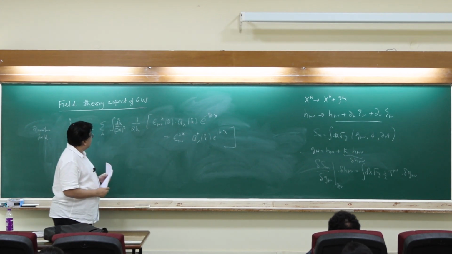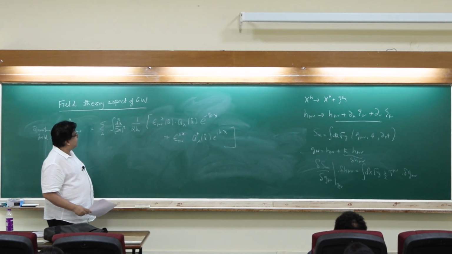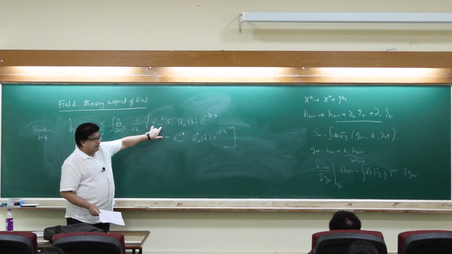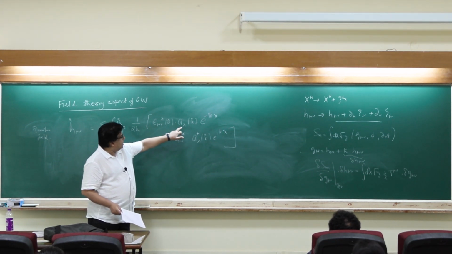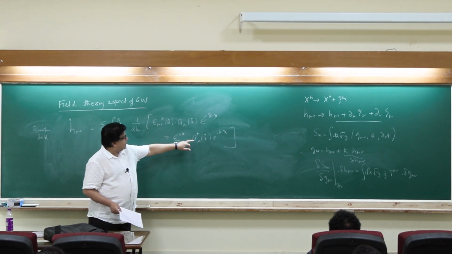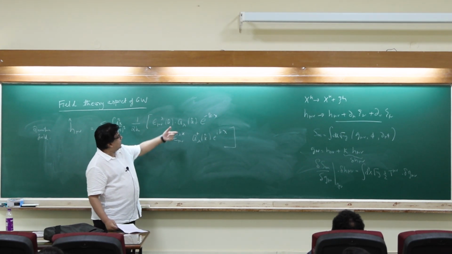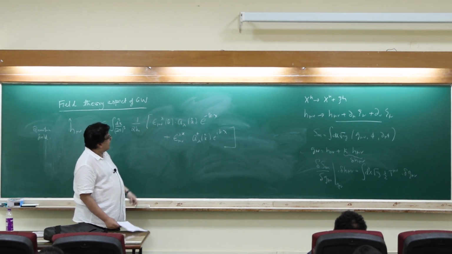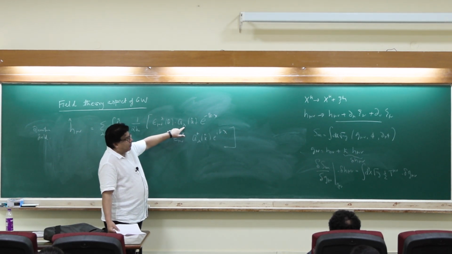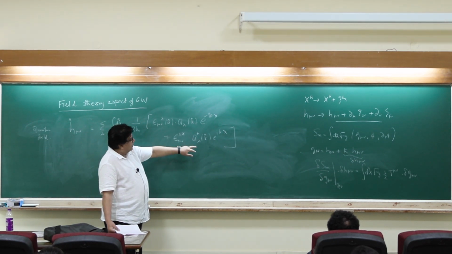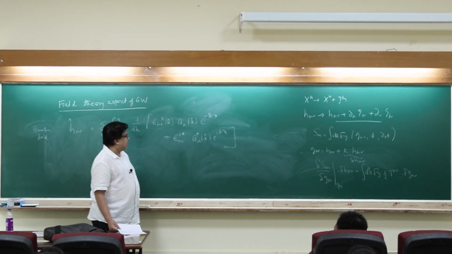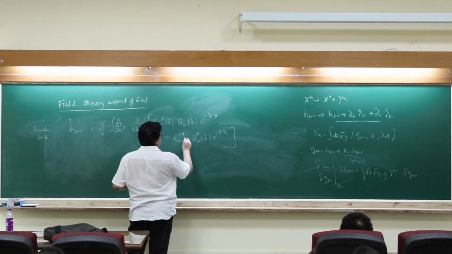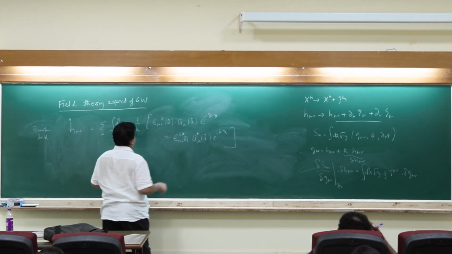So what I've done is I've written the field in terms of this polarization tensor and a creation and annihilation operator. A lambda is the annihilation operator and this is the creation operator. So you should interpret this as an operator which annihilates a gravitational wave of polarization lambda. And similarly this creates a graviton of polarization lambda. And these polarization vectors just depend upon the direction of the graviton.